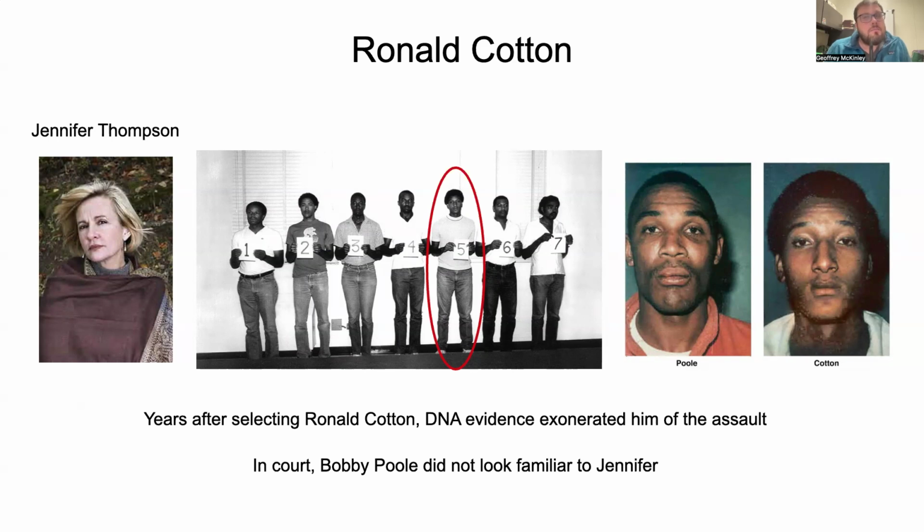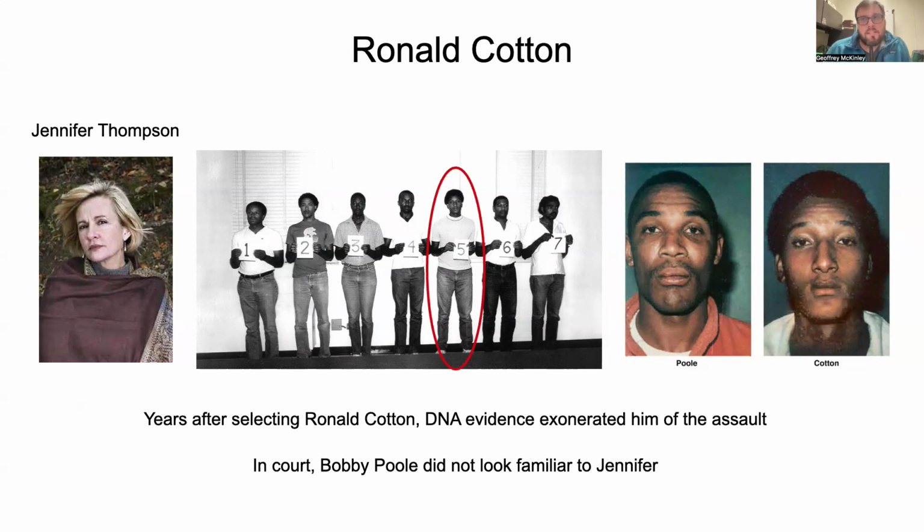And Jennifer Thompson actually talks about this, and she says, when I was being assaulted, I remember looking at the guy's face, trying to encode it and pay as much attention as I could, so that if I survived, I would be able to identify the person out of a lineup.